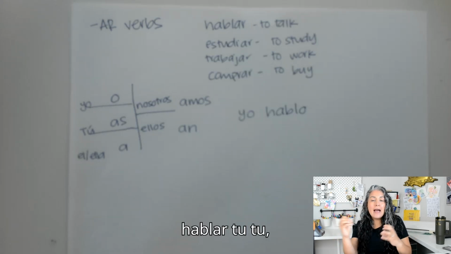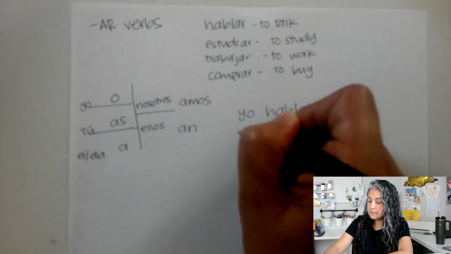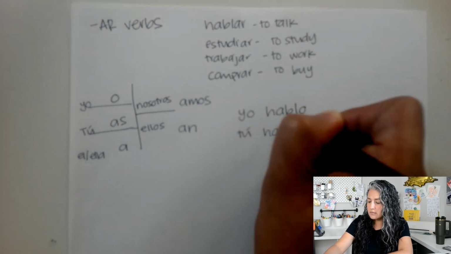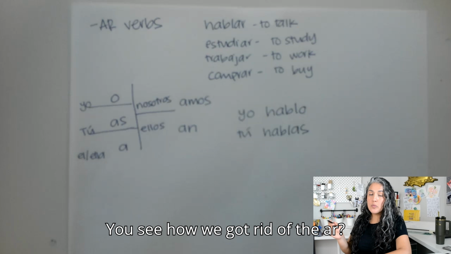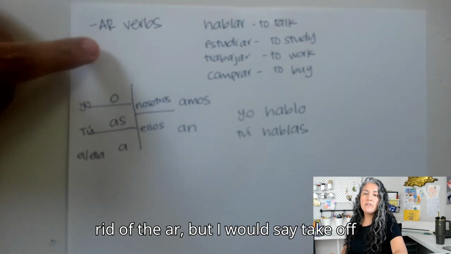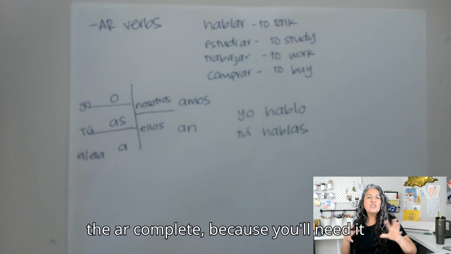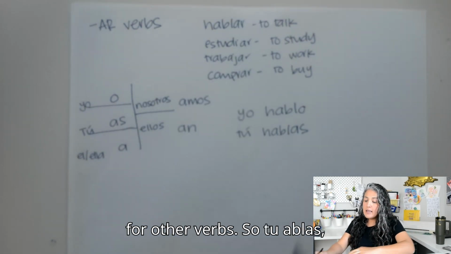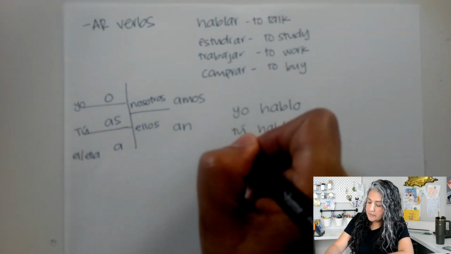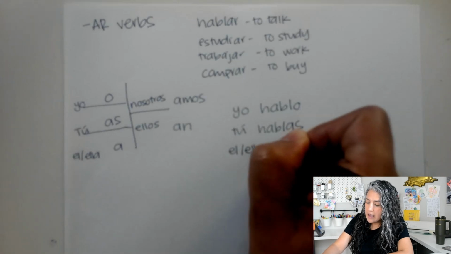Switch. Hablar to tú. Tú hablas. You see how we got rid of the AR? Sometimes students just tell me I get rid of the R, but I would say take off the AR completely because you'll need it for other verbs. So, tú hablas. Él or ella, he or she, habla.